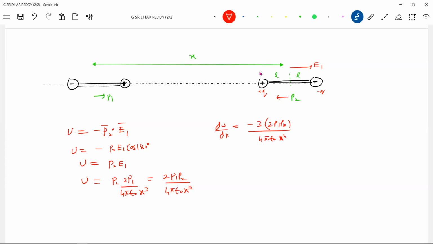Do you agree? The derivative of x to the power of minus 3 gives this. We know the force F is equal to minus dU by dx. So minus dU by dx becomes 6 P1 P2 by 4 pi epsilon naught x to the power of 4.